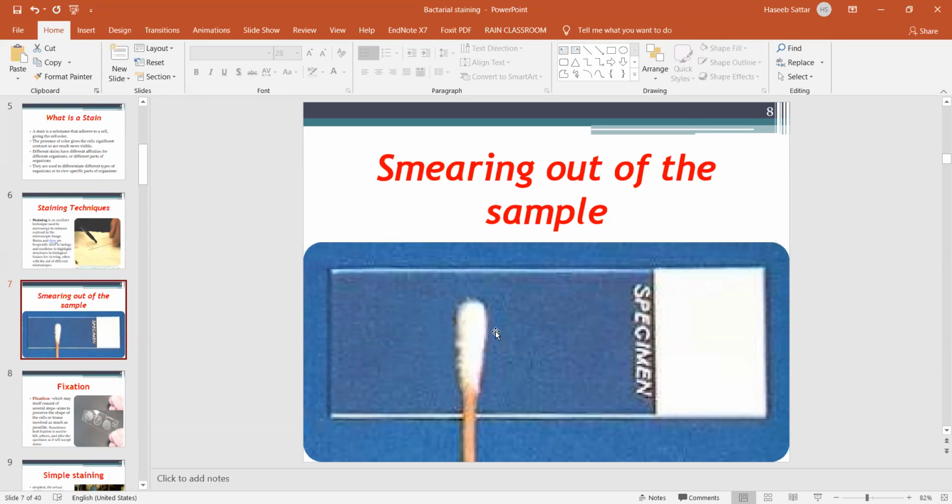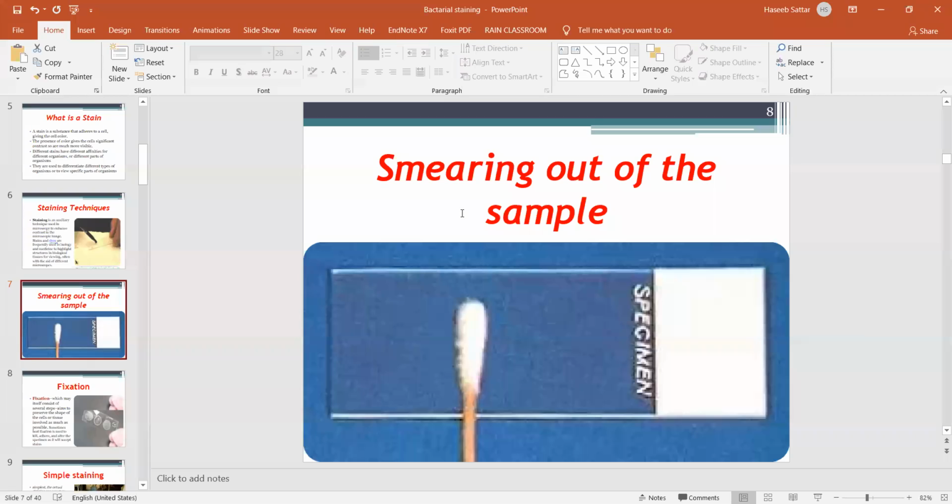Another problem is that when we add a dye, a stain, on the glass slide, the bacterial cells may be washed out with the stain.